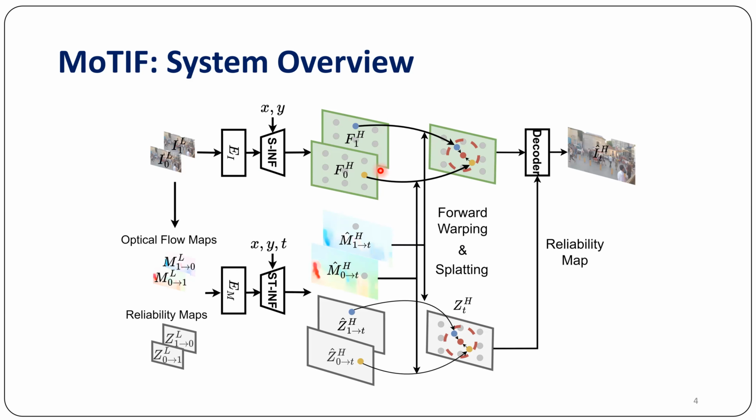For the motion part, we first compute the optical flow maps and the corresponding reliability maps of the two reference frames. After that, a spatial temporal local implicit function renders a high-resolution forward motion map and its reliability map. At the end, we adopt forward-warping and a reliability-aware splitting and decoding scheme for fusing spatial temporal information from multiple reference frames.